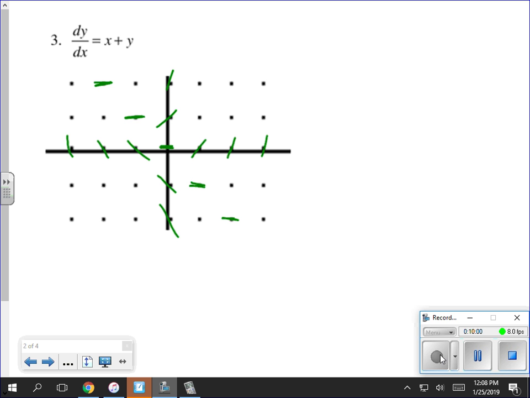1 plus 1 is 2. 1 plus 2 is 3. And then 4. 2 plus 1 is 3. And then 4, and then 5. Let's see. 2 plus negative 1 is 1.